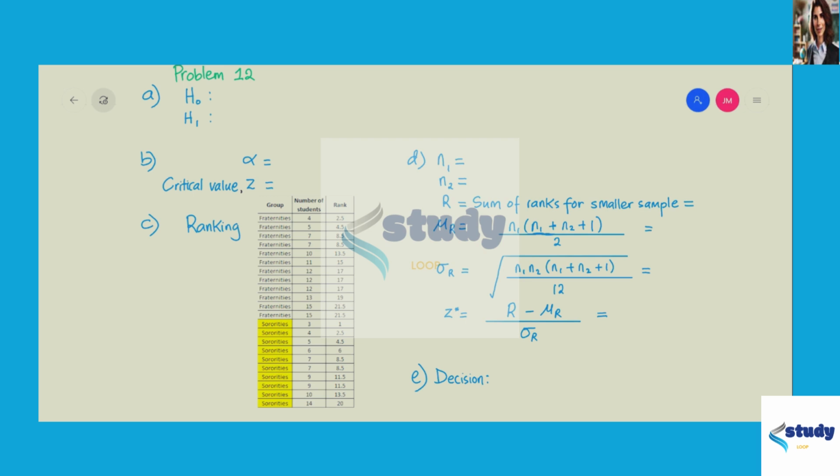So the null hypothesis here is there is no difference in the number of students participating from the two groups, that is the fraternities and sororities.